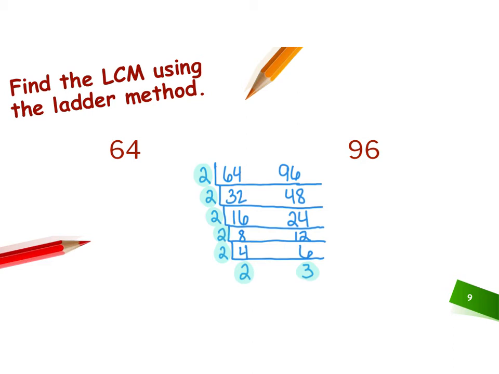So I'll write them out. I see 6 2s, and 1 3.